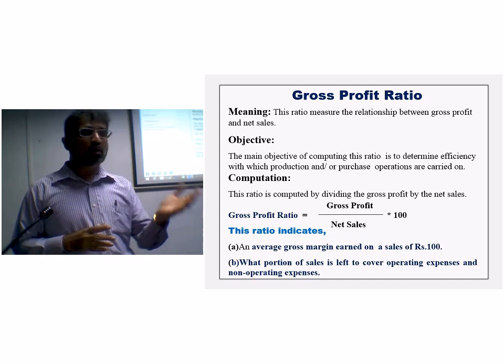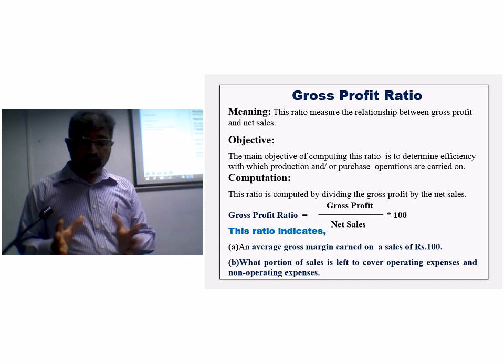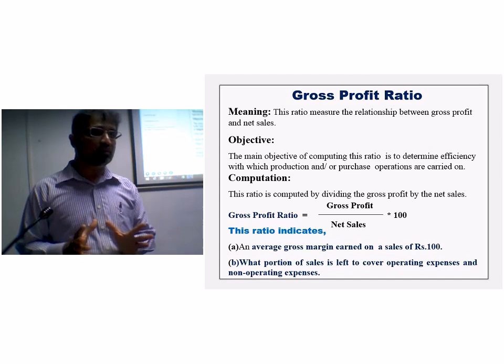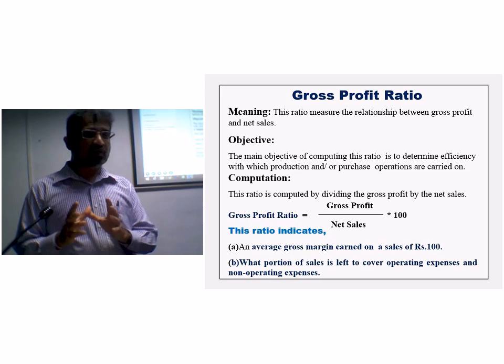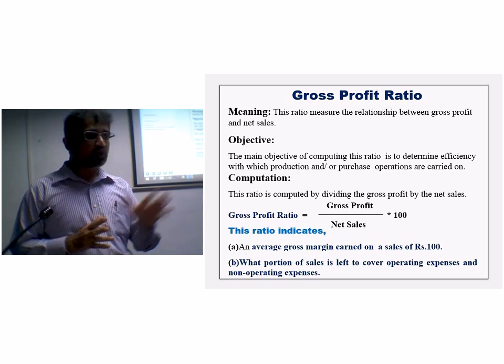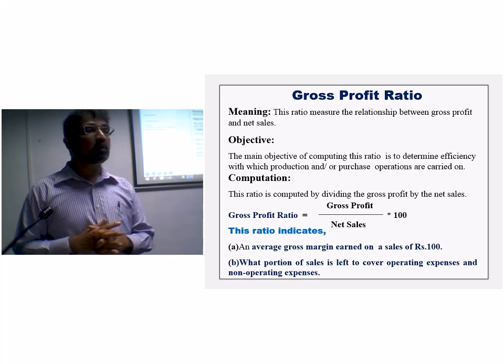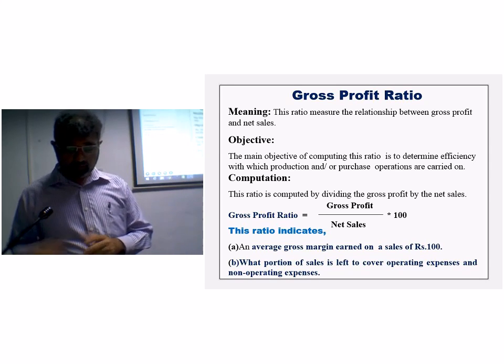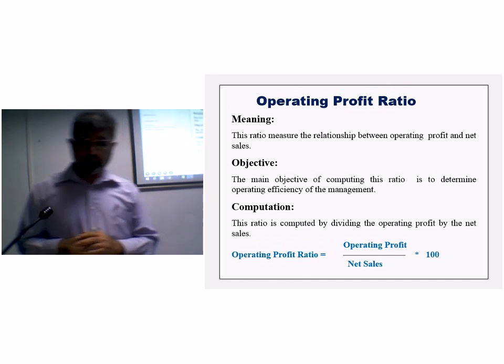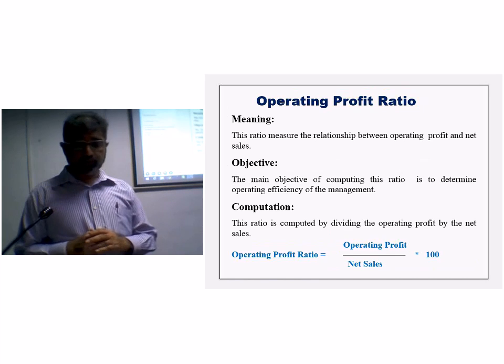If your gross profit margin is 25%, you have 25% of sales to cover those expenses, that means operating and non-operating expenses.